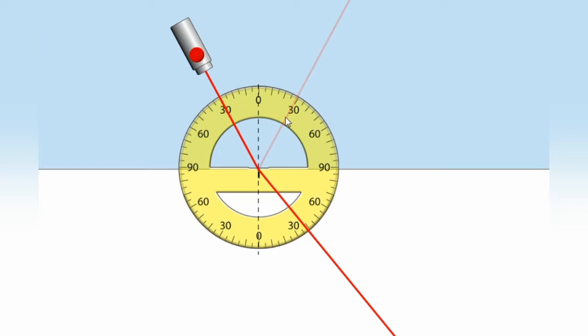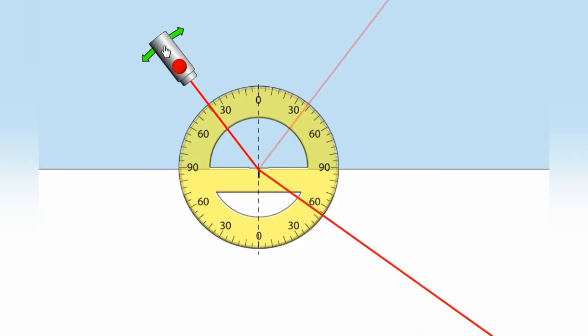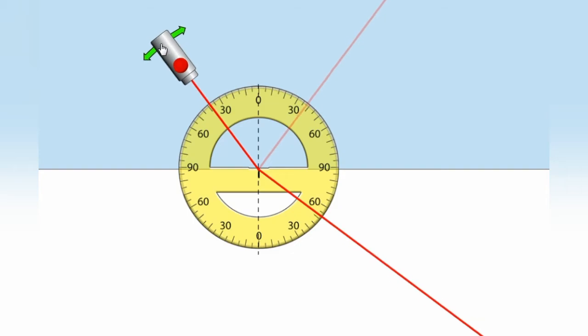Again we can see reflected light and a refracted ray, but the angle of refraction is greater than the angle of incidence. Again let us raise the angle of incidence. Now the angle of incidence is 40 degrees. In that case also a ray is refracting and a ray is reflecting. Again let us increase the angle.